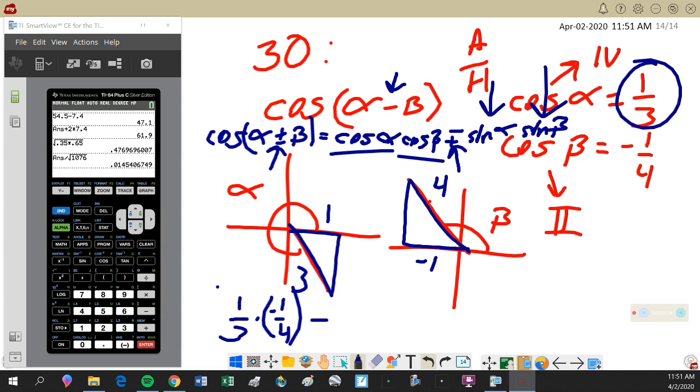To find those, we just use our knowledge of right triangles. For the alpha angle, this side here is negative because we're in quadrant 4, and we just do the Pythagorean theorem. 1 squared plus x squared equals 3 squared. So that's 1 plus x squared equals 9.